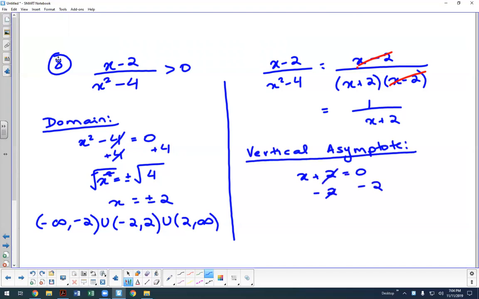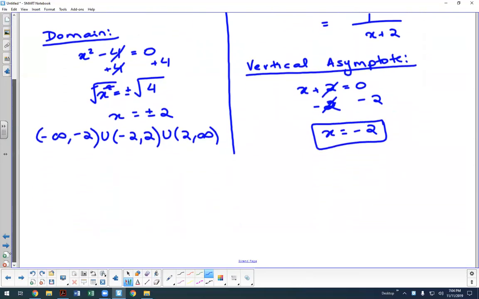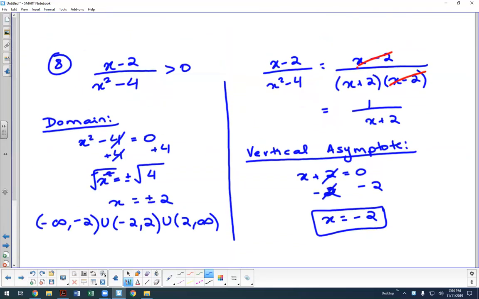So again, you will see very much similar to the previous example. Again, the degree of my numerator is smaller than the degree of my denominator.